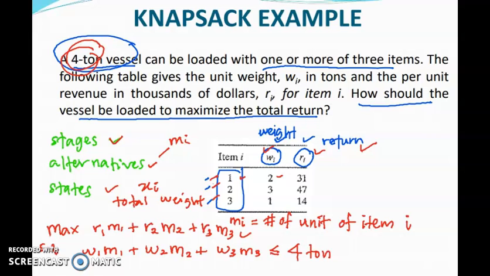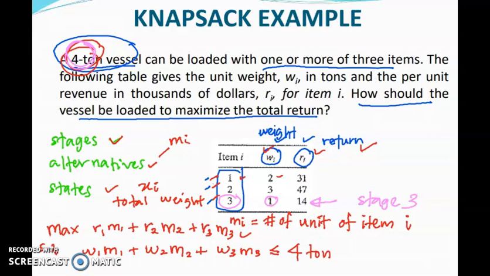As a start, remember, it's better if you use the recursion, the backward recursion. So in that case, we have to start with item number 3, because item number 3 will be our stage 3. For item number 3, the weight of every unit is 1, and for this vessel the total capacity is 4.